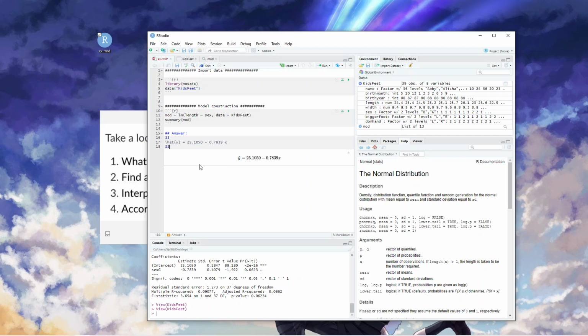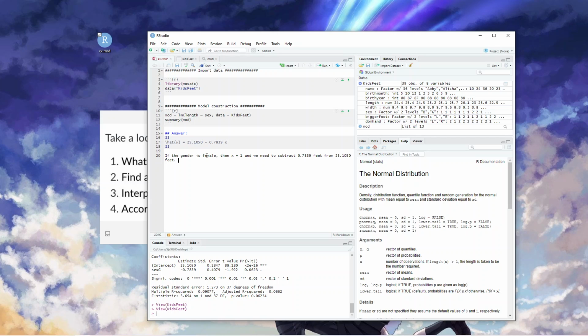So this is our model, and what I can say is, if the gender is female, then x equals 1, and we need to subtract 0.78 feet from 25.1050 feet.